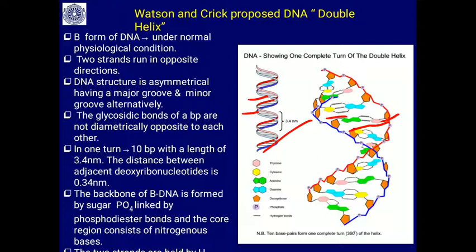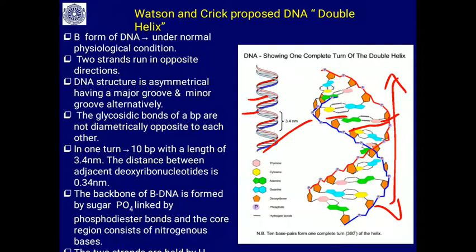In one turn there are 10 base pairs, and it spans about 3.4 nanometers or 34 angstroms. This is one complete 360-degree turn, containing 10 base pairs in the B form.